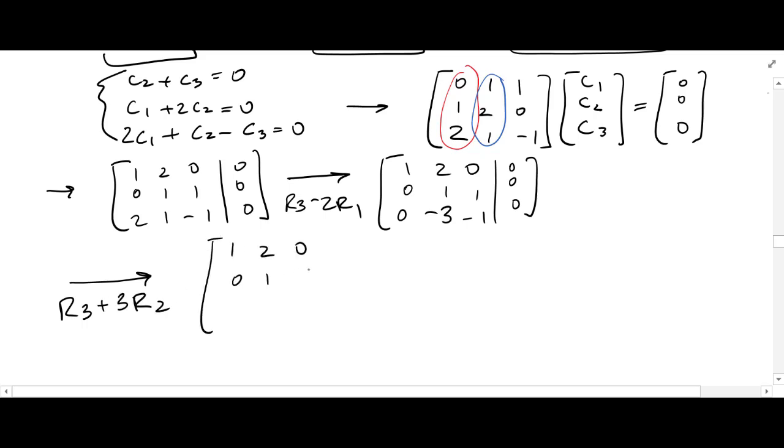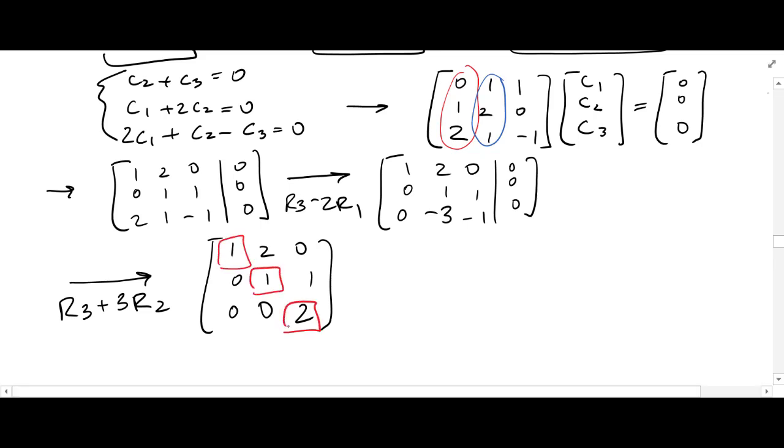So negative 3 plus 3 gives you 0. Negative 1 plus 3 gives you 2. So this matrix has a pivot in each column and each row.